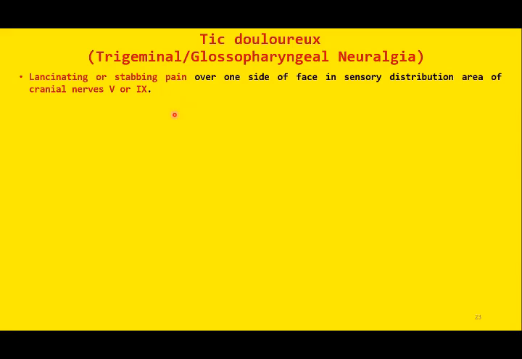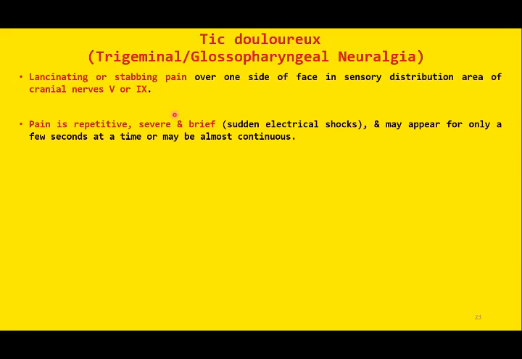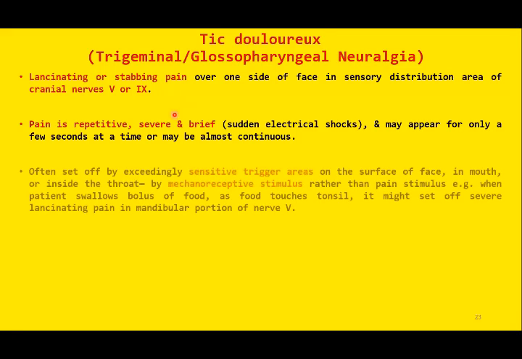And the pain is excruciating, usually over one side of the face. These patients experience repetitive, severe, and brief episodes of pain, just like sudden electrical shocks. So pain is repetitive, severe, and brief, and it is usually over the surface of the face where the trigeminal supply is there.